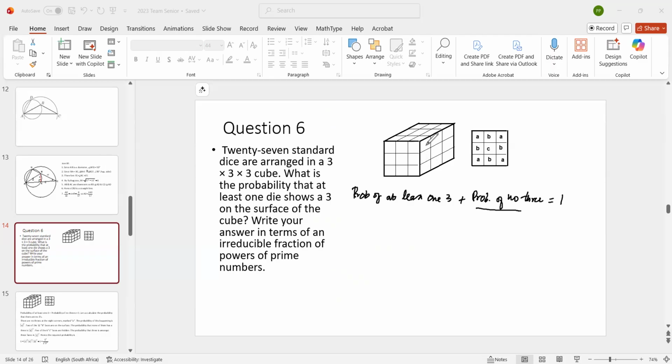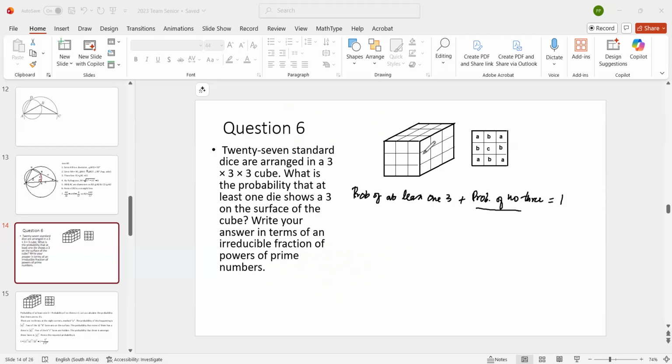I'm talking about the faces of the dice or the die. So it would appear that for each one, the probability is 1/6 for a 3 to appear. So we have to work out the probability that 3 does not appear.